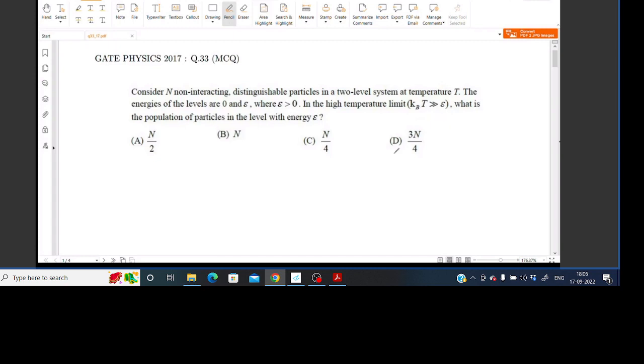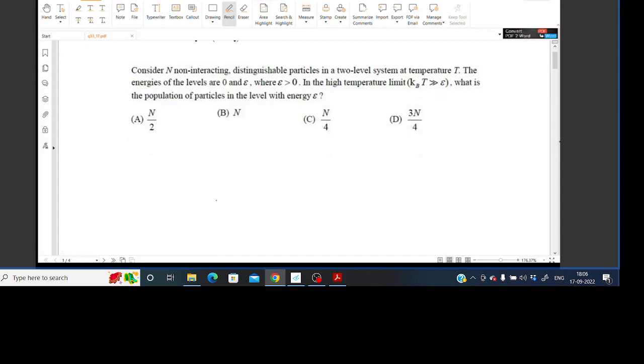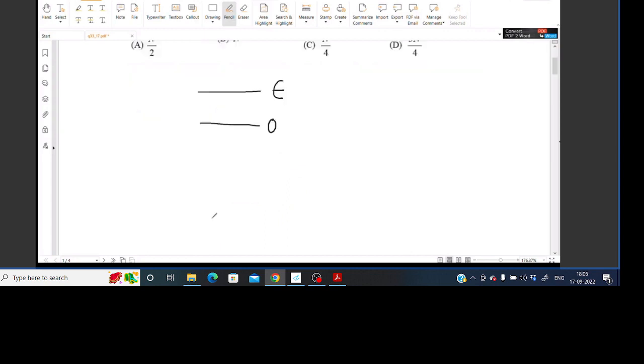Let's solve this question. In this question, there are two energy levels with energy 0 and epsilon. So the single particle canonical partition function Z1 is equal to e to the power 0 plus e to the power minus epsilon by kBT.